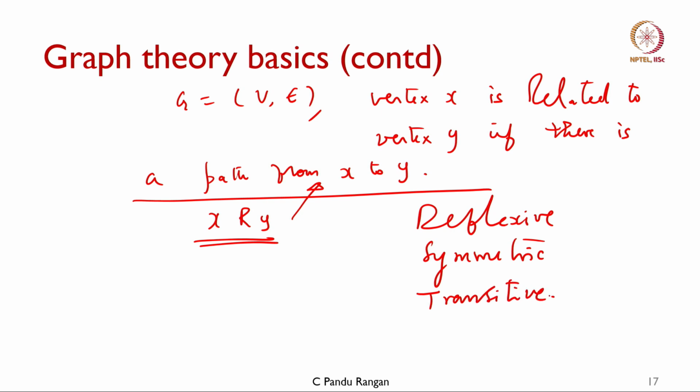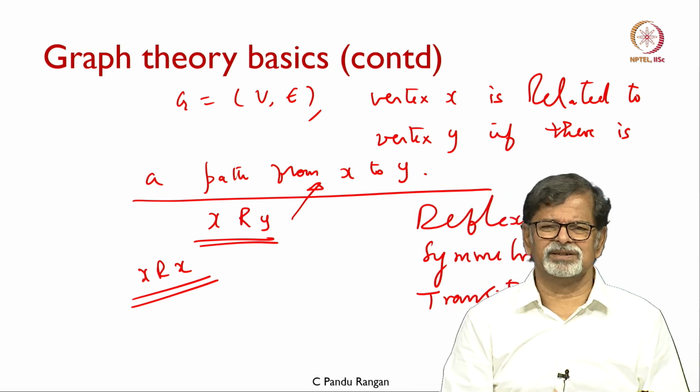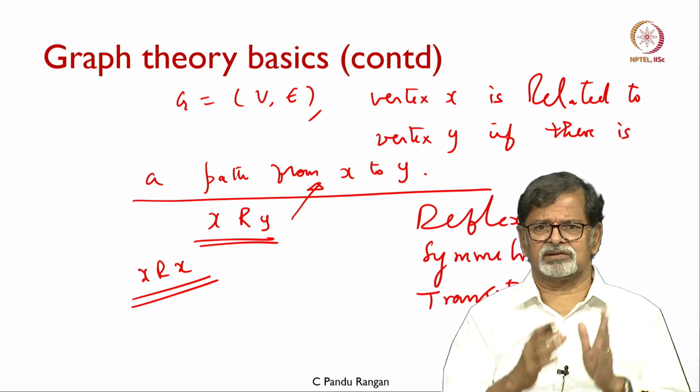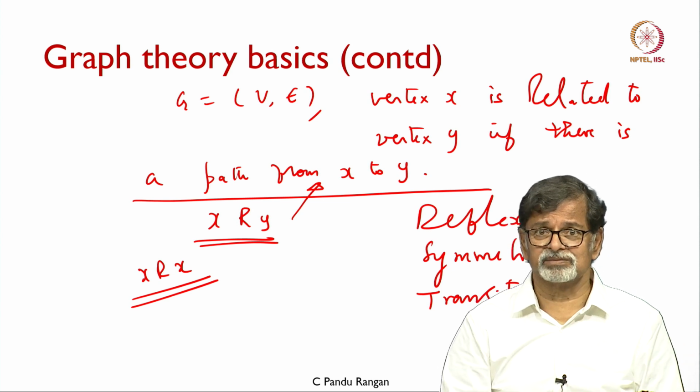Reflexive means x is related to itself. Do you have a path from x to itself? Of course, trivial. You do not go anywhere, stay at x. Therefore, x is connected to x.